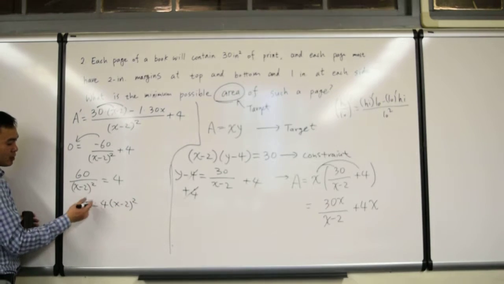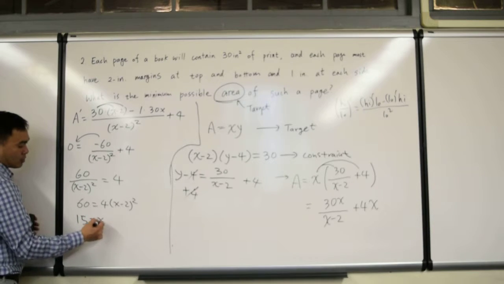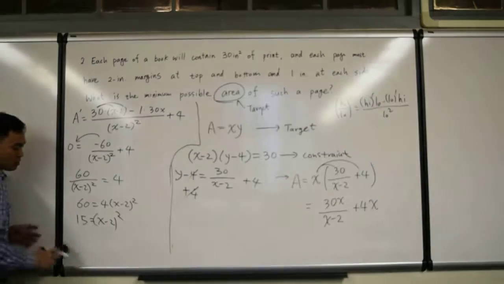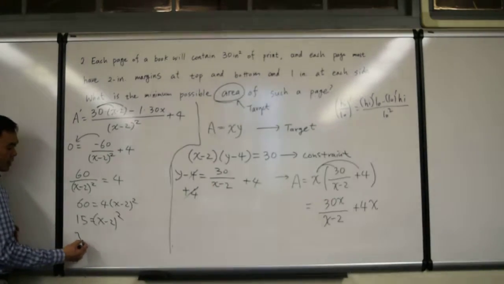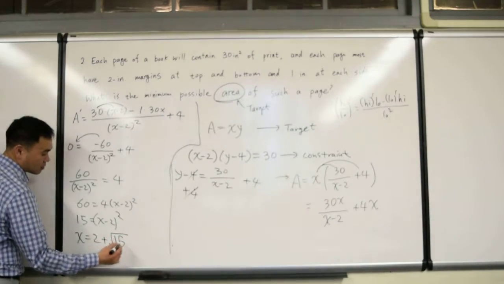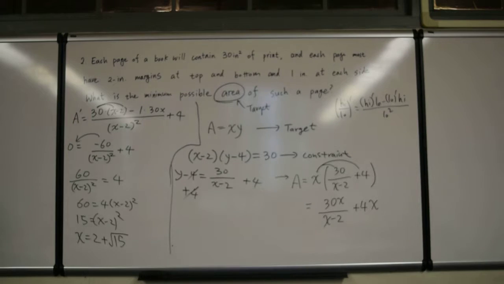And we're almost there. Divide by 4, it's 15 equals (x minus 2) squared. Take the square root to get square root of 15, so you get x equals 2 plus square root of 15. So that's the point where you get 0.